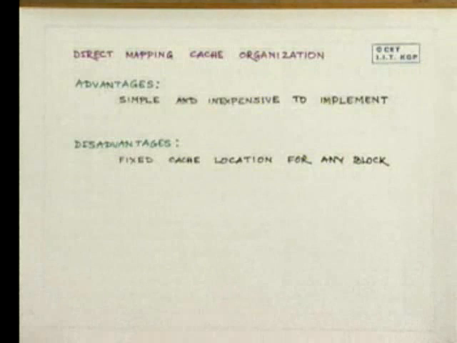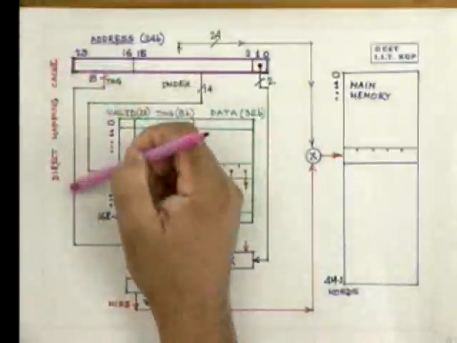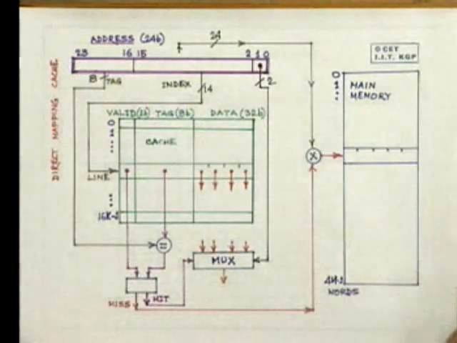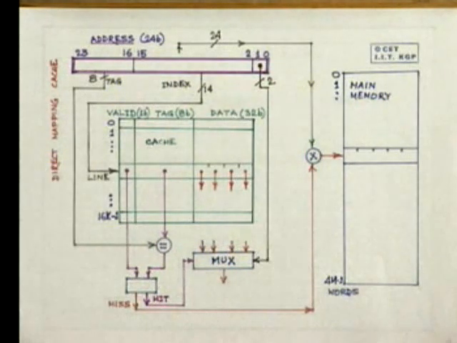Therefore, let's see what we have obtained here in this direct mapping of the cache. By the cache, we are getting a fast access, but at the cost of DRAM, at the cost of the main memory. A mapping has to be involved. We have just explained one direct mapping cache, and in the direct mapping cache memory, we are getting a simple and inexpensive mapping from the main memory into the cache memory.